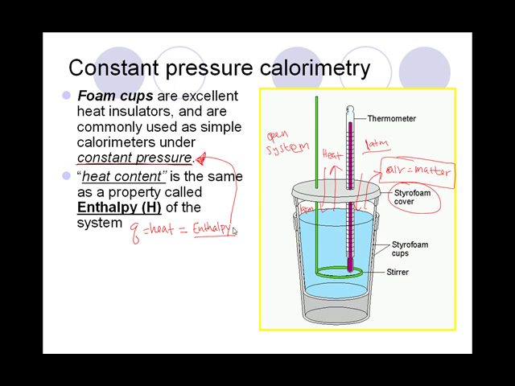And this enthalpy has a symbol of delta H, and for the purposes of this chapter, Q is going to equal delta H because we are always going to do our experiment under the constant pressure condition, which is going to be an open system.